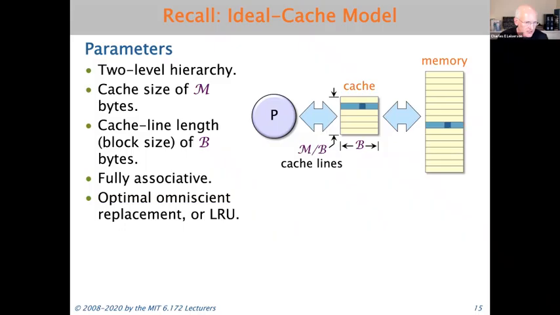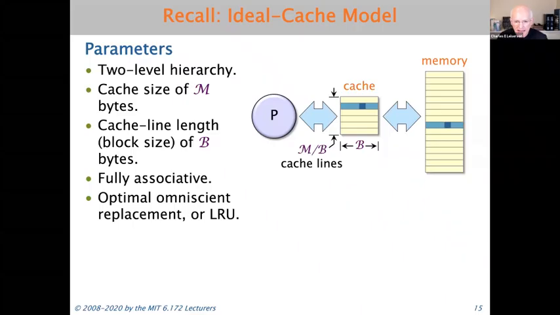The formal definition says that you have an optimal omniscient replacement, but we saw a theorem that you can just use LRU and it's going to be the same asymptotics. So that's your choice.